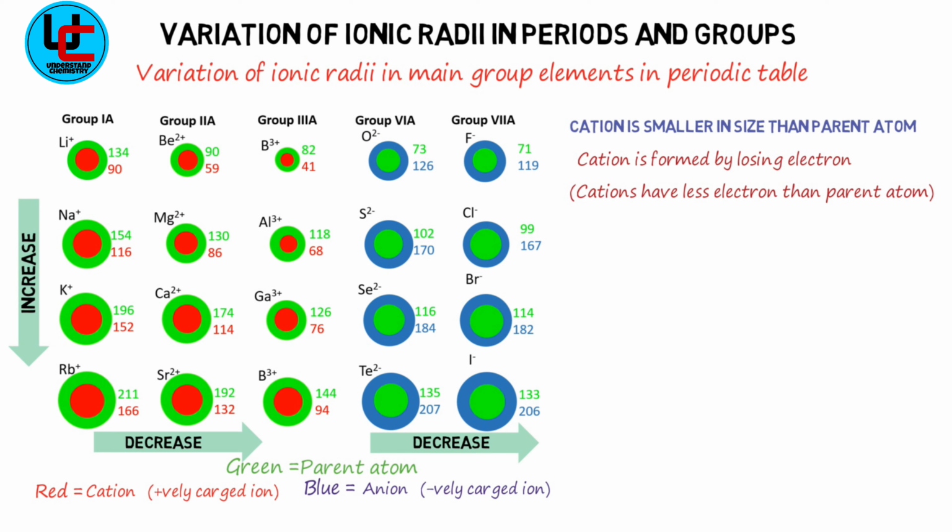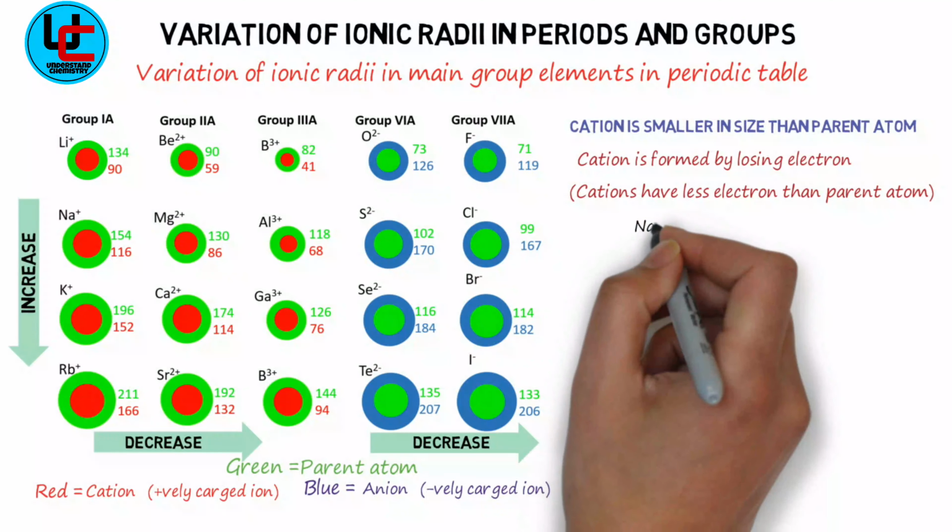Besides nuclear charge, for some atoms, cations are formed by the removal of one complete shell. In some cases, cations are formed by losing one electron, but with losing one electron, they also lose one complete shell.